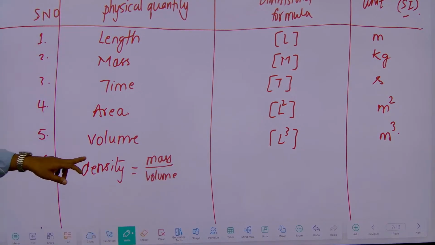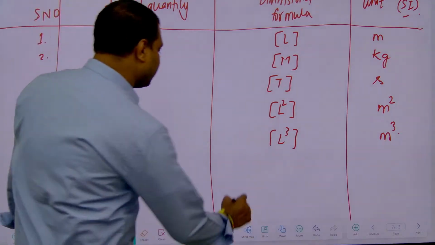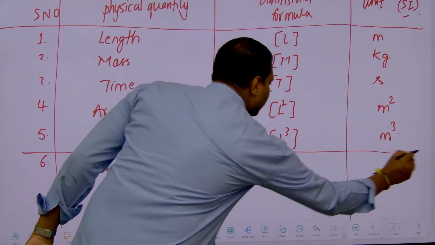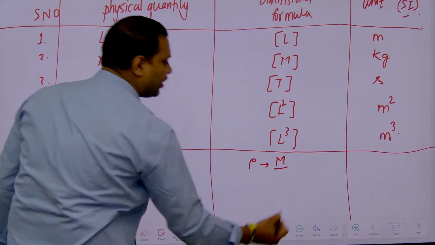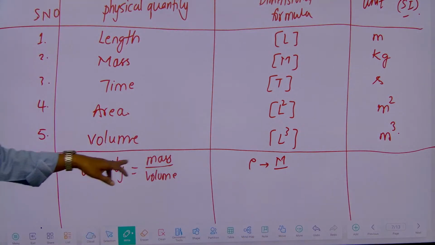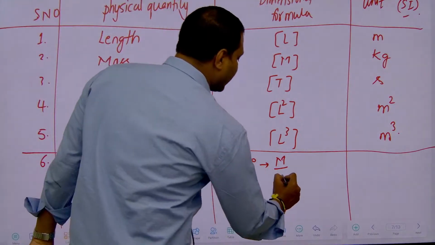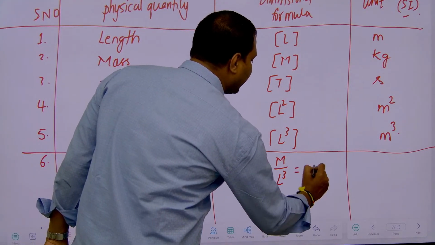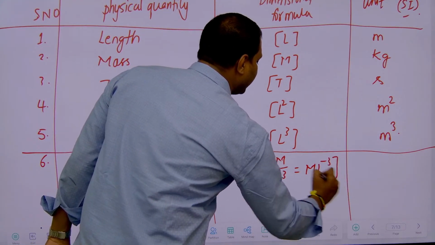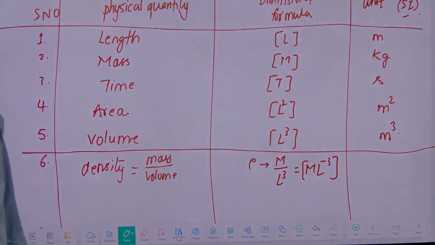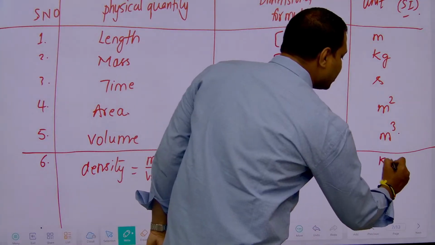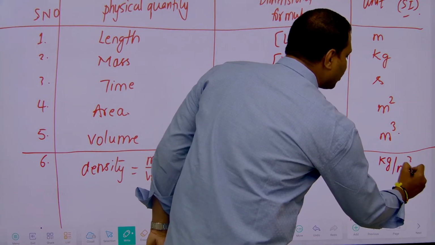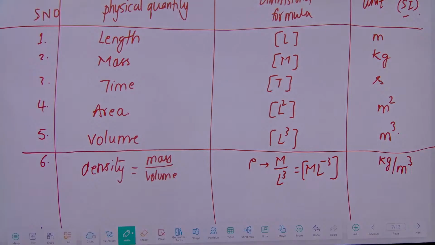The dimensional formula for mass is M, and for volume it is L cube. So density is M by L cube, or you can write M L power minus 3. For units, mass unit is kg and volume unit is meter cube, so kg per meter cube is the unit.